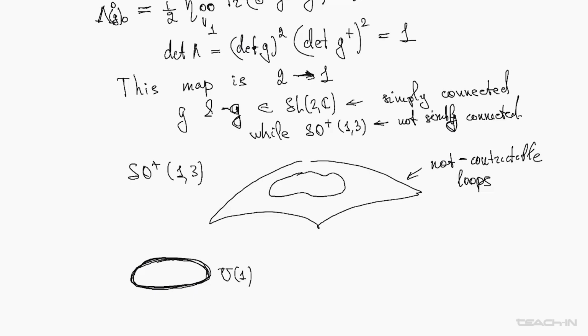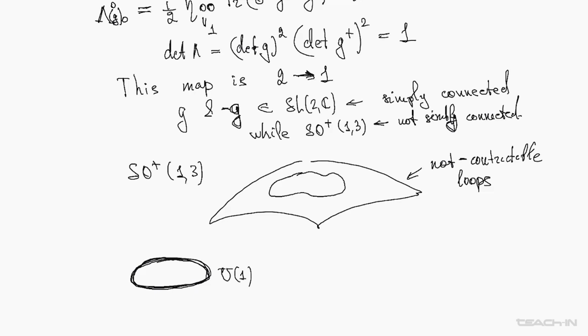Now our Lie groups are manifolds, and it turns out that SO+(1,3) is not simply connected, while SL(2,C) is mathematically known to be simply connected. In fact, what we are discovering here is that SL(2,C) represents a simply connected double cover of SO+(1,3).